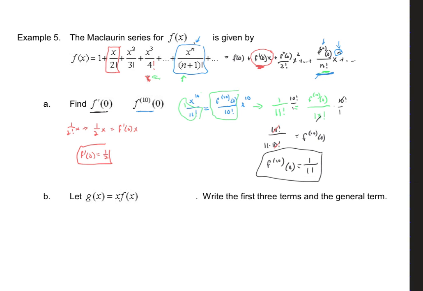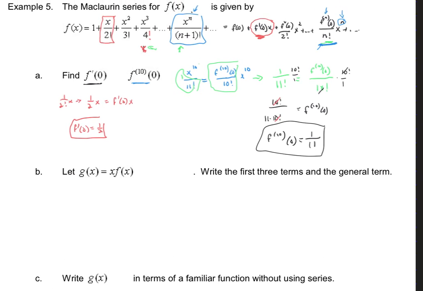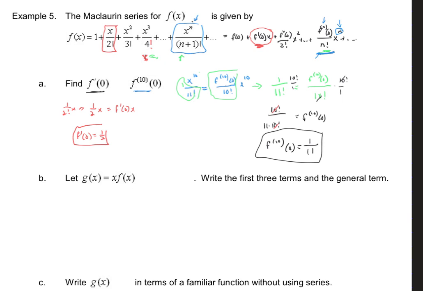Kind of crazy. Okay, now they're saying let's find out what is x times f of x. So remember, here is our f of x up here. So we're going to multiply that by x. So our g of x, if we multiply through term by term, that's going to be x.